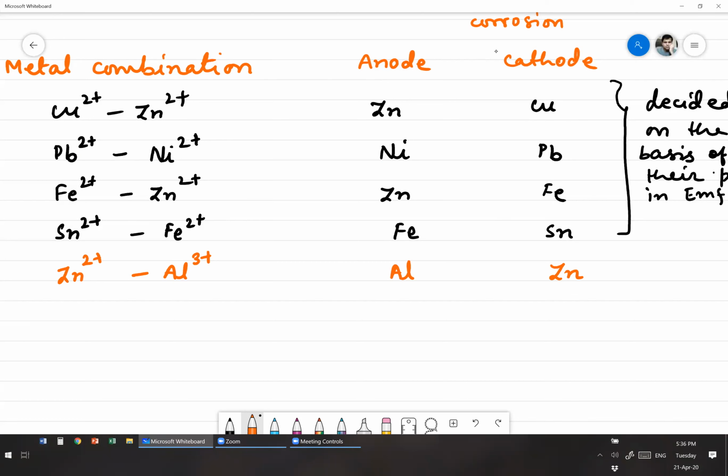Okay, and another example, similarly we have silver plus and titanium 2 plus. In this case, silver metal is placed above titanium, but still titanium metal gets corroded and silver is protected.